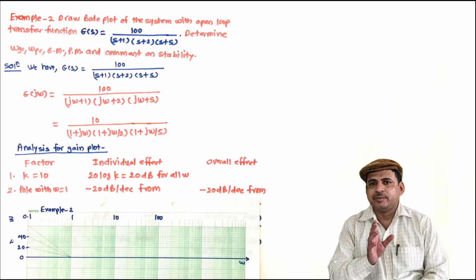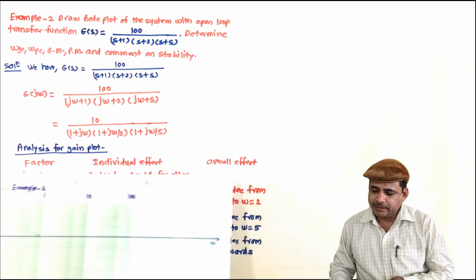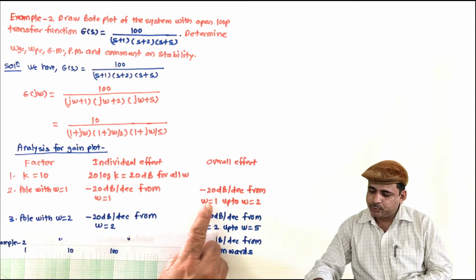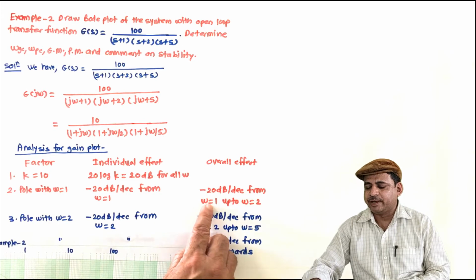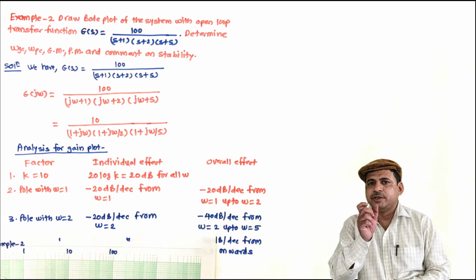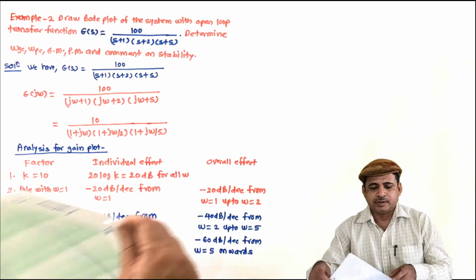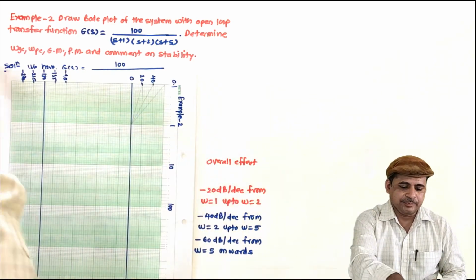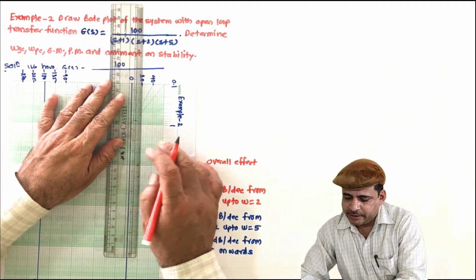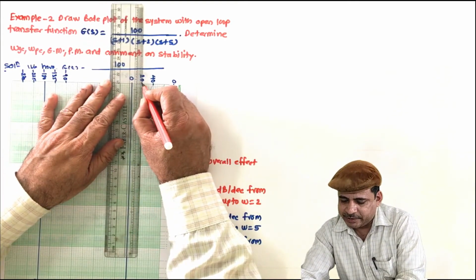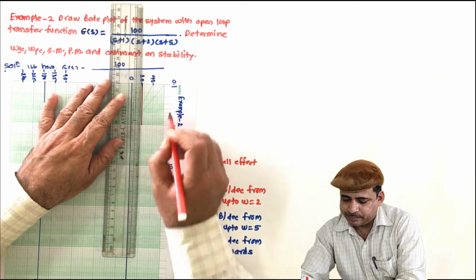So the starting point will be 20 log K plus 0, that is 20 dB, and the slope up to omega equal to 1 will be 0 dB per decade, because there is no pole at origin. Initially it will be 20 log K, that is 20 dB, the starting point, and it will stay so up to omega equal to 1.